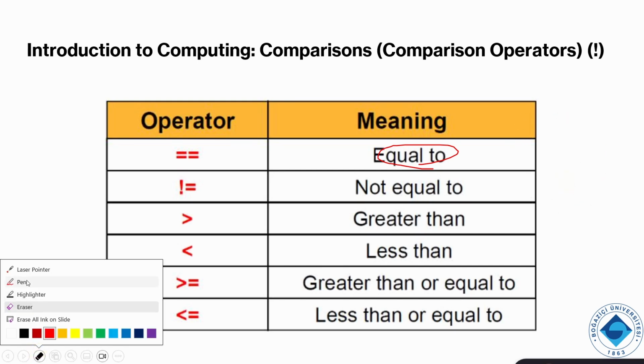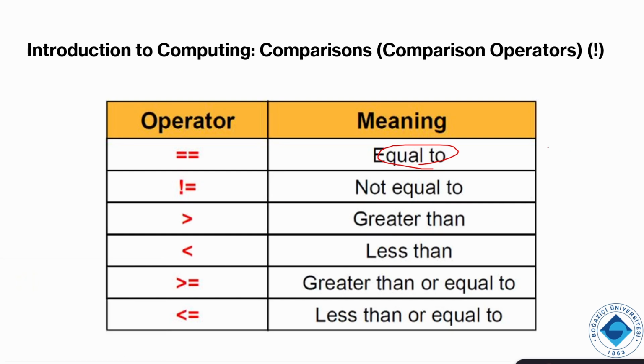Okay, let's start from the beginning. If we check 2 and 2, as they are the same, it will return true. But with the second operator, not equal to, if we check that one, it will return false.